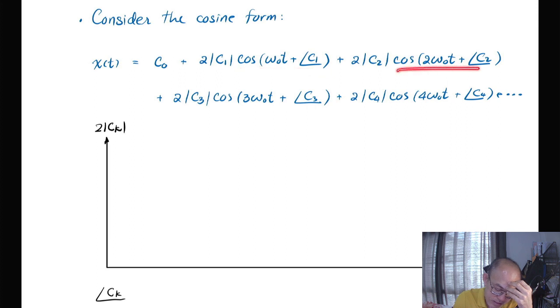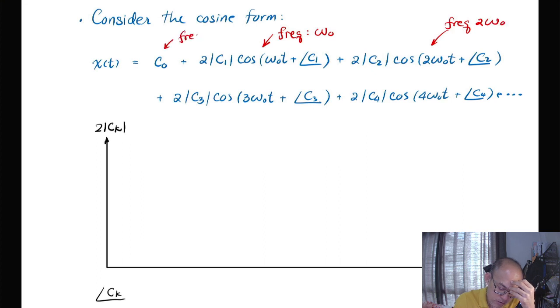This is a signal at frequency 2 omega 0. So I'm going to write this: this is frequency omega 0, this is the signal at frequency 2 omega 0, this is frequency 0, this is 3 omega 0, and this is 4 omega 0, and so on.